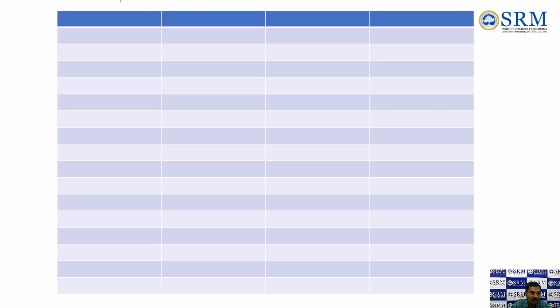So the state table: the first column is the present state, then the input, then the next state, and the other column will be the output.